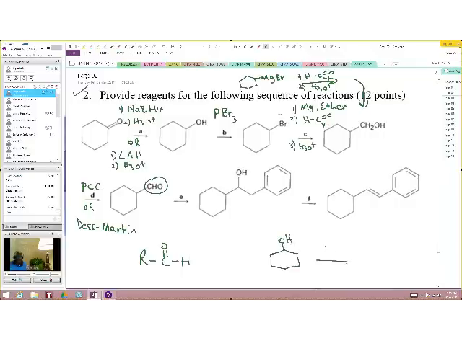You could also use PCC here to get this ketone here, or Dess-Martin. So here, PCC or Dess-Martin will transform a primary alcohol, in this case this molecule here, to an aldehyde.